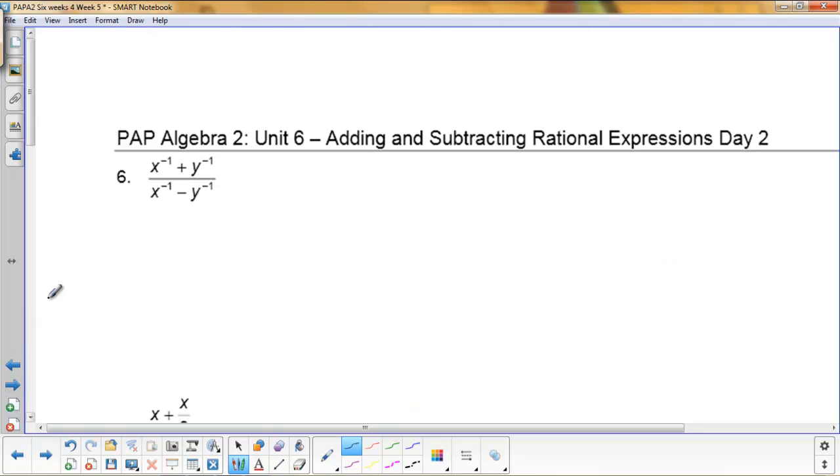Our final example that we're going to do here is question number 6. In question number 6, you have negative exponents that you must deal with before moving forward. You do not move these to the bottom of the existing fraction. Instead, you have to create your complex fraction by moving them to the bottom of their own individual fractions.